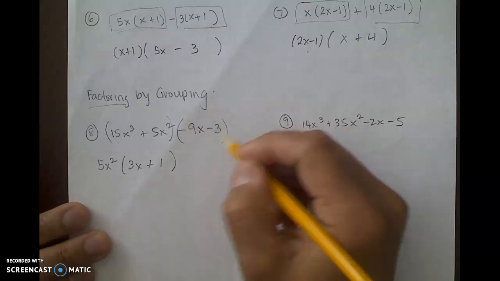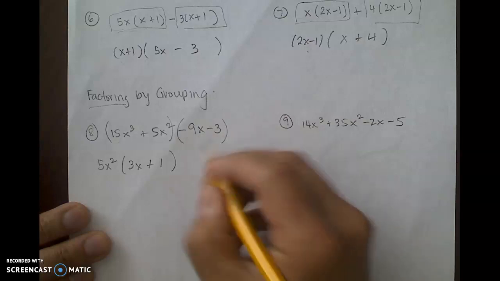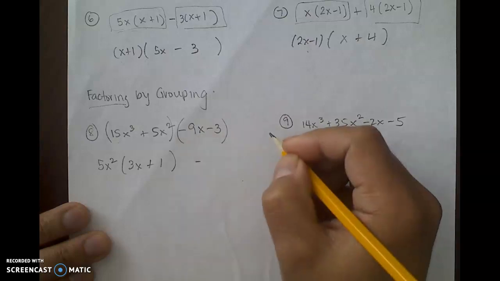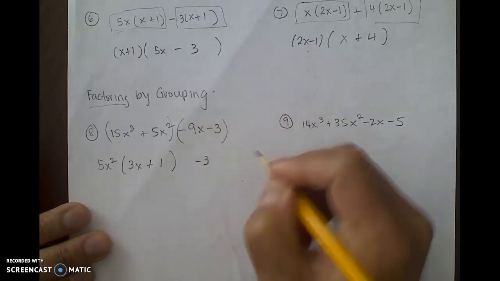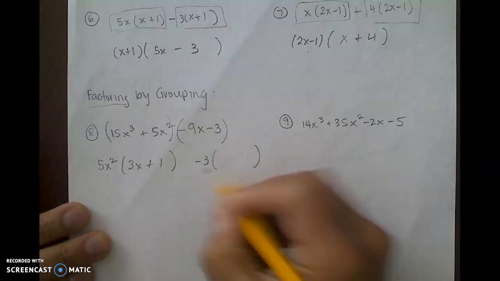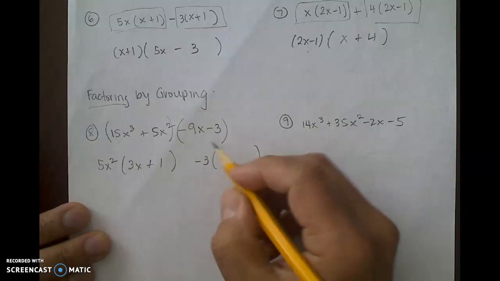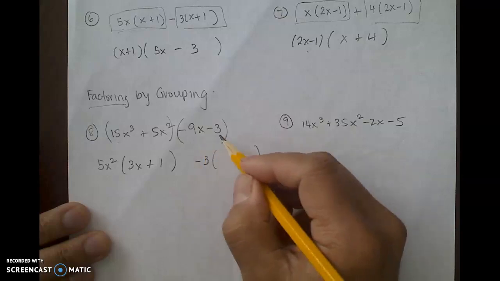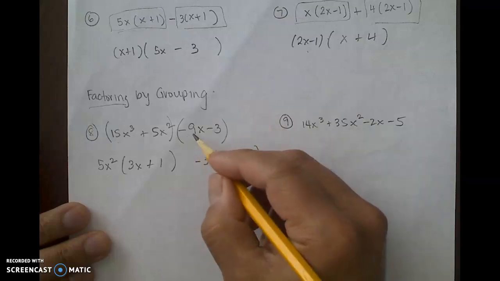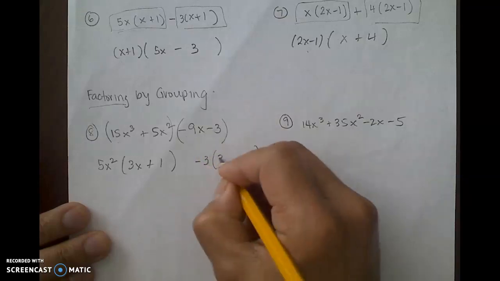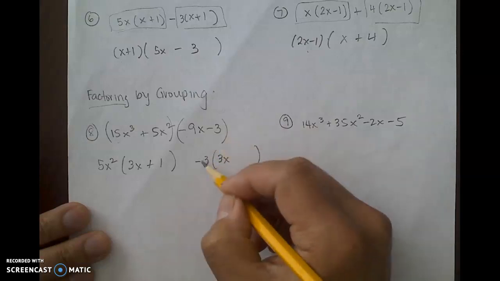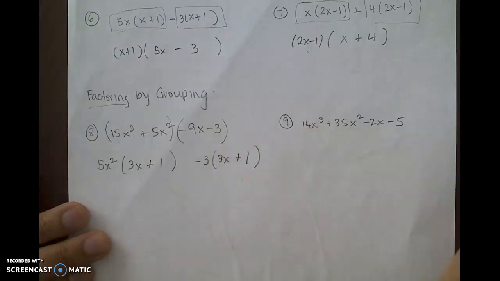What do they have in common? Well, the lead coefficient is negative, so we know that's going to be negative something, and it's going to be a negative 3. Again, taking the GCF for these 2 terms, negative 9x divided by negative 3 is 3x. Negative 3 divided by negative 3 is a positive 1.